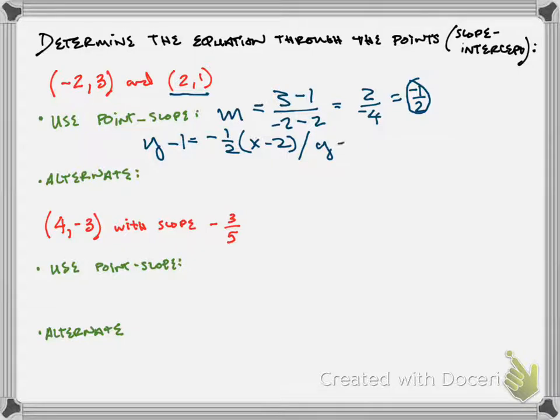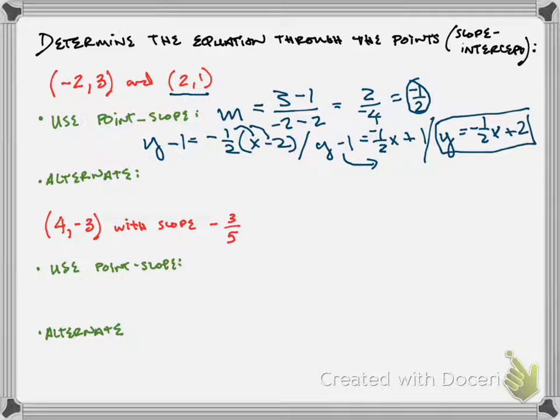Y minus 1 is equal to negative 1/2, and when we distribute our negative 1/2 times x, we get negative 1/2 x. Negative 1/2 times negative 2, of course, is positive 1. I'll add 1 to both sides, and our equation is y is equal to negative 1/2 x plus 2.